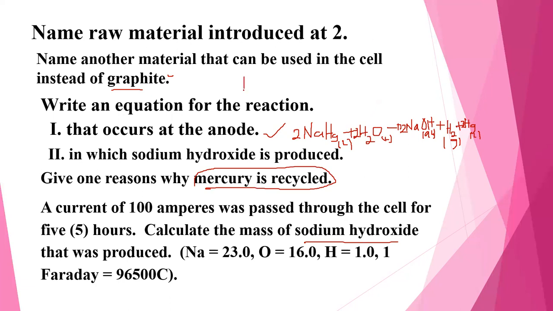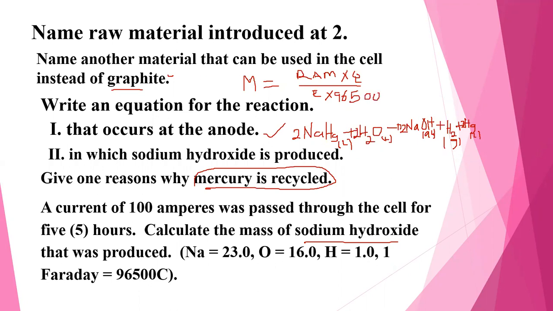So always we know that mass is given by RAM, or the relative molecular mass, times Q, over the charge times 96,500 coulombs.